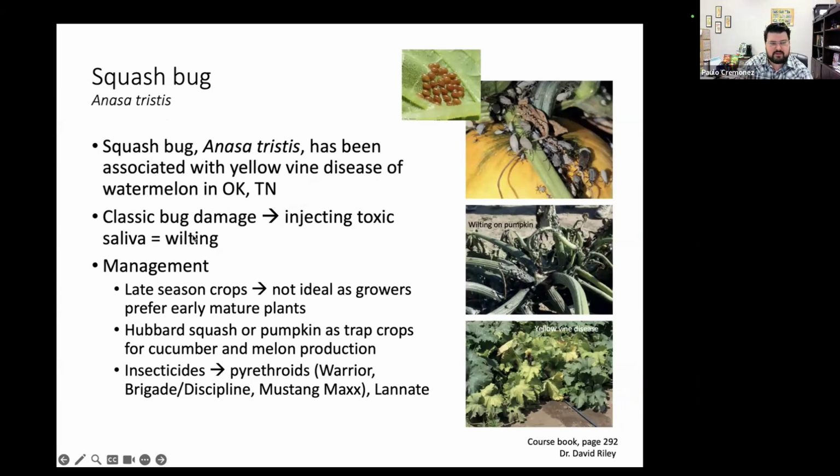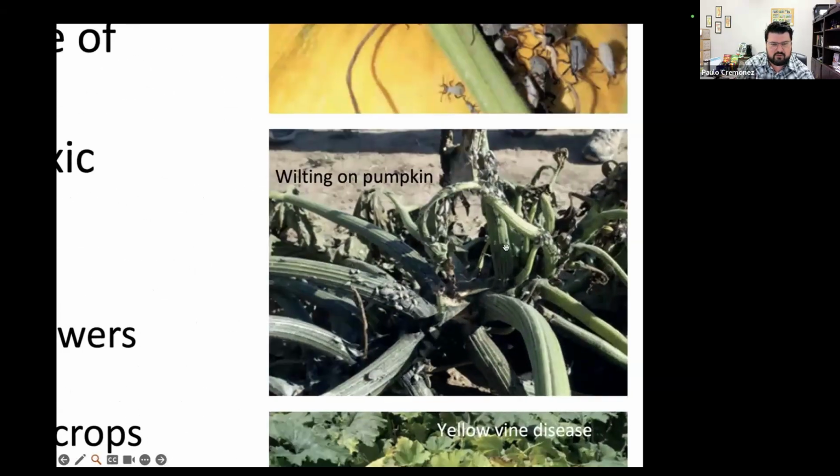The classic bug damage, so it causes wilting of the plant by injecting toxic saliva. This is the way that stink bugs and true bugs feed. They have this pumping system where they have to inject saliva in order to feed on the plant material. So this is the result of their feeding.